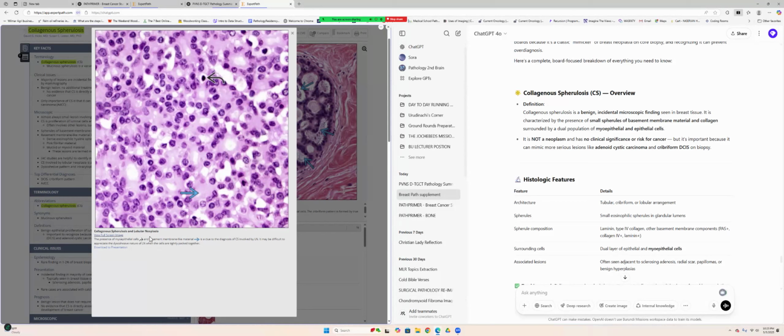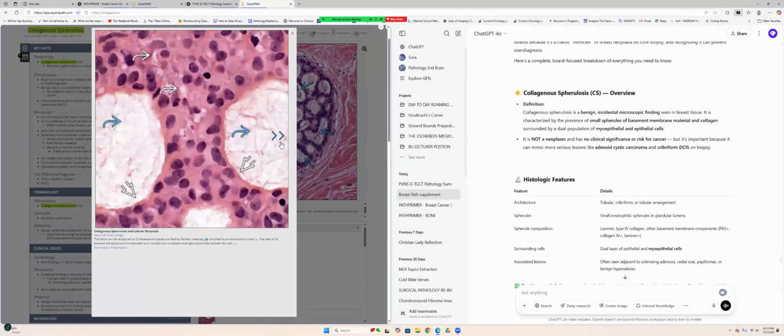So this is collagenous spherulosis and lobular neoplasia. Here the lesion can be recognized as collagenous spherulosis because the spaces are filled with tubular material and lined by an eosinophilic cuticle.